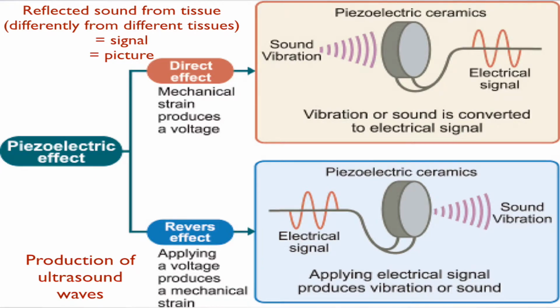And then what actually happens is we measure the reflected sound. So it goes down, hits the tissue, reflects back, and the way we measure the reflection is simply to use that same piezoelectric material to generate a little electrical signal.